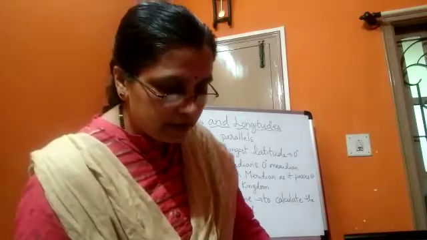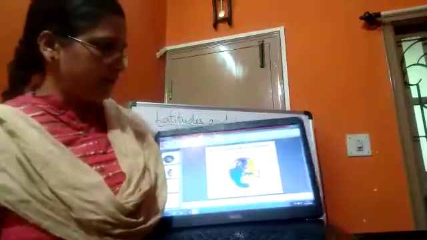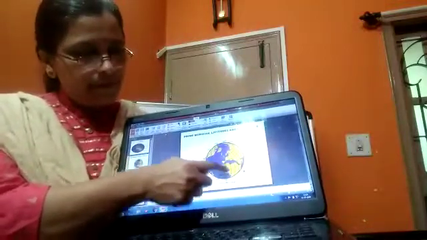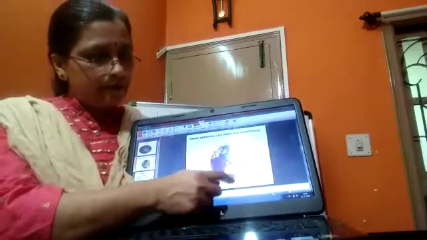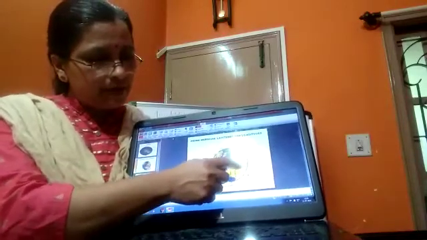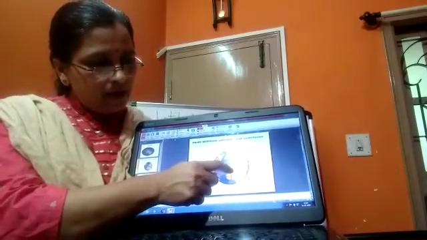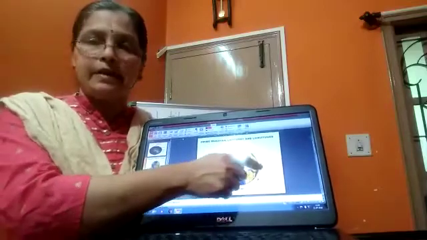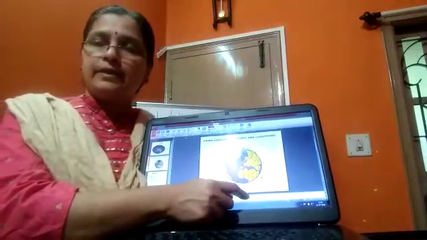Now, this is the longitude, and this is the prime meridian. It passes through Greenwich at the equator, 0 degree, in England, so it is also called the Greenwich Meridian.